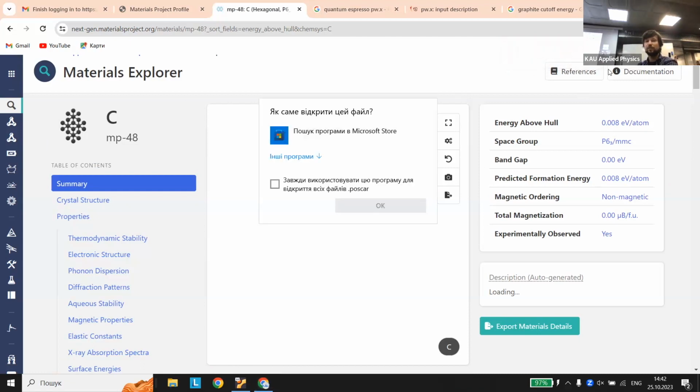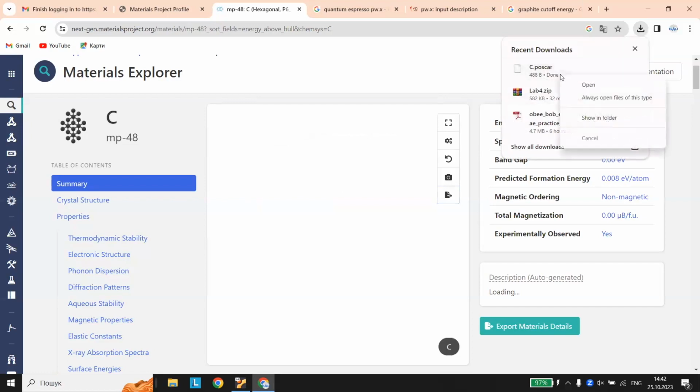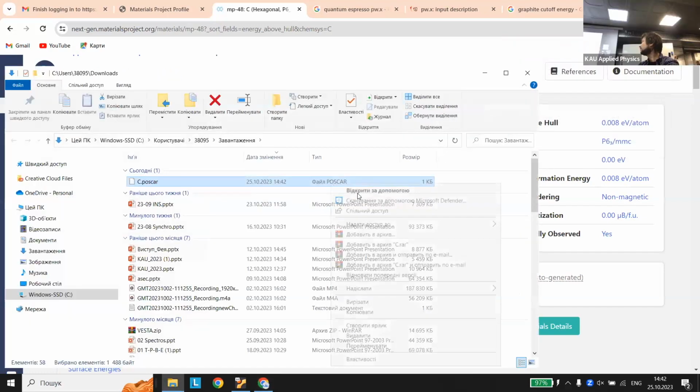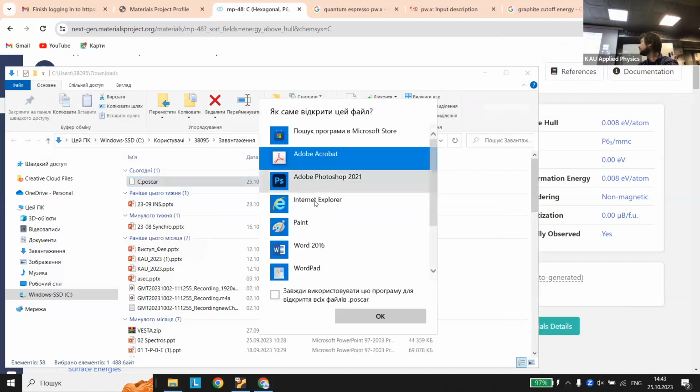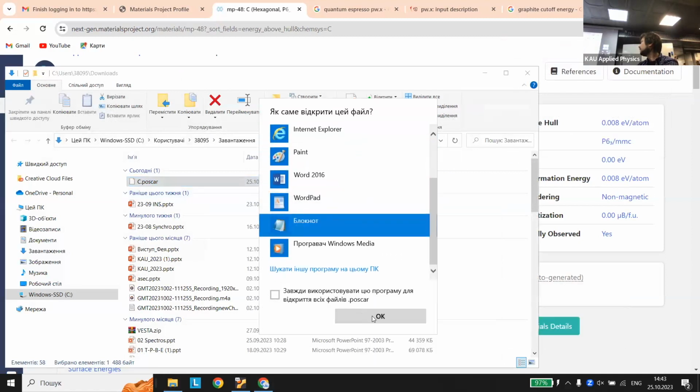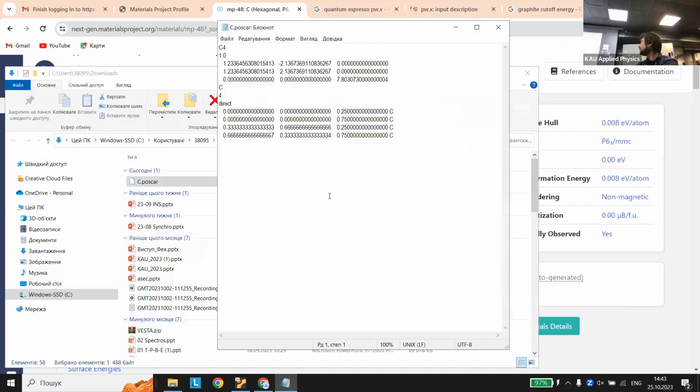Pascal is a file with atom coordinates. You can open it with some notepad, and you see the coordinates. This is very convenient, and so you can copy.